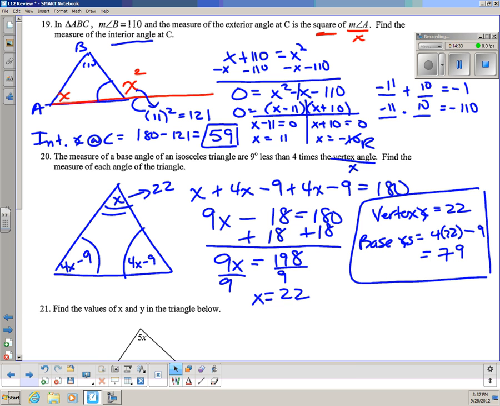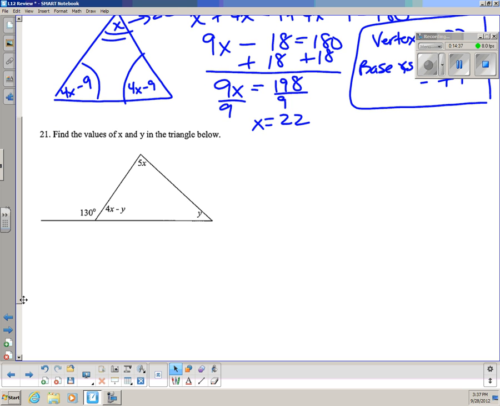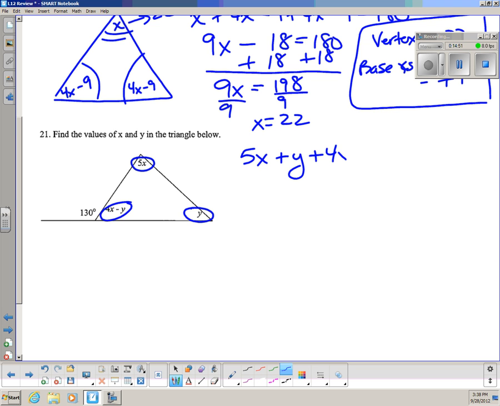Number 21 was harder. So I'll show you a slightly different way of doing it than I did in the key. It says find the values of x and y in the triangle below. Well, if I look at this triangle, these are my 3 interior angles. And I know those interior angles have to add up to 180 degrees.